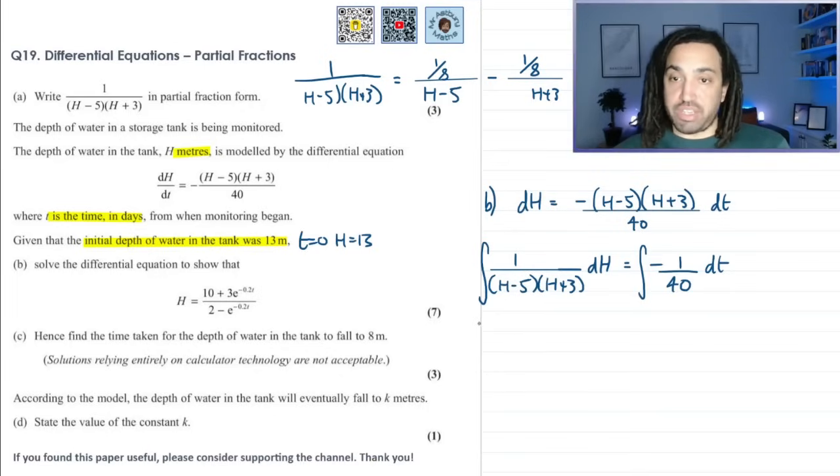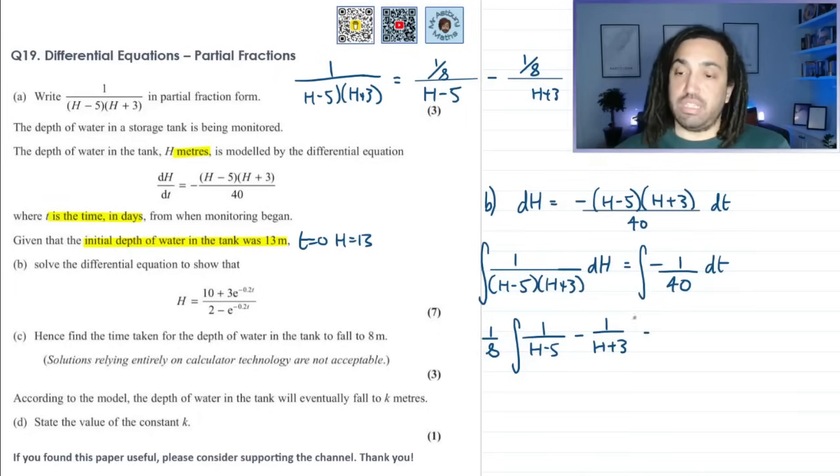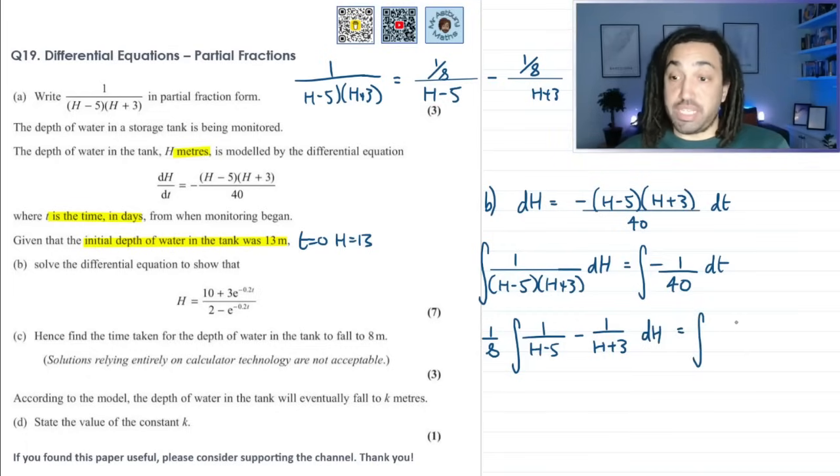And of course, this we've already partial fractioned. So I can rewrite this as, let's take the 8th out. And then I have just 1 over h minus 5 and minus 1 over h plus 3. And that equals the integral on this side. Oops, sorry, I need to put dh in there. And that equals the integral on this side, which is just minus 1 over 40 dt.